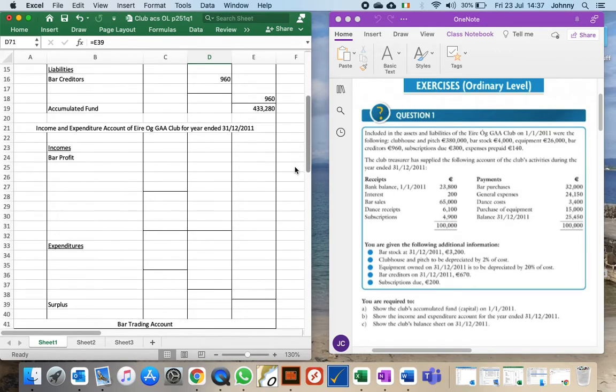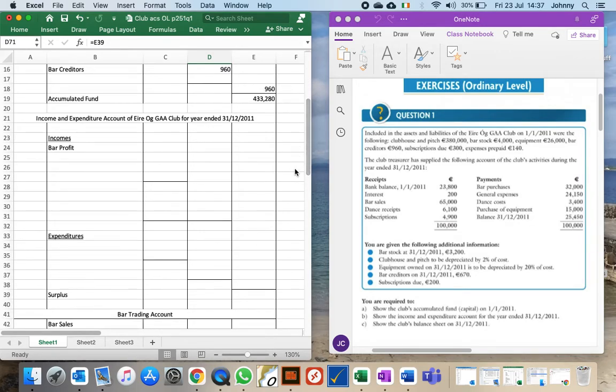Now the income expenditure. I already said in the introductory video that if we have a shop or a bar or some other activity, we'll need to work out its profit, and we'll need to do a trading account to do that. The main money coming in will come in from subs. Subscriptions is the main name for money coming into a club.